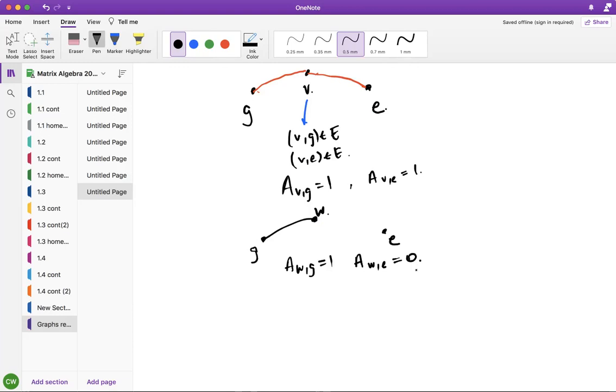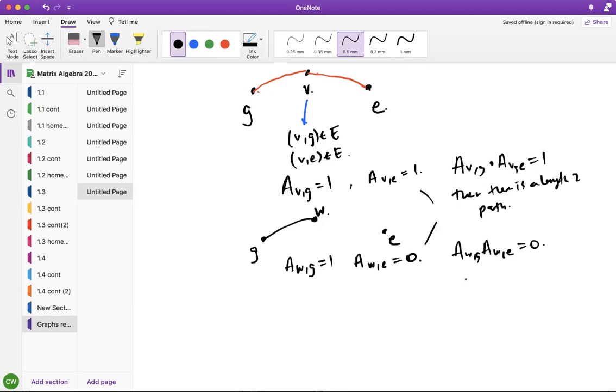So if we want to add up the number of length two paths, what we could do is just multiply the entries. If A_VG times A_VE is equal to 1, then there is a length two path. However, if A_WG times A_WE is equal to 0, there is not a length two path.